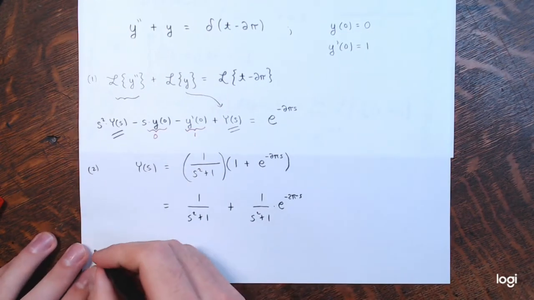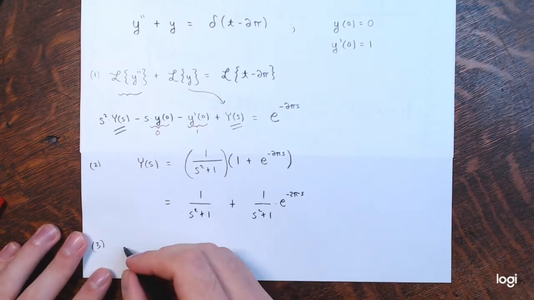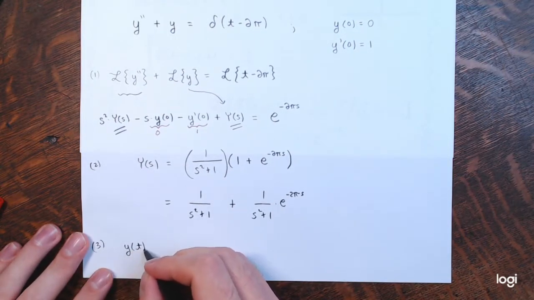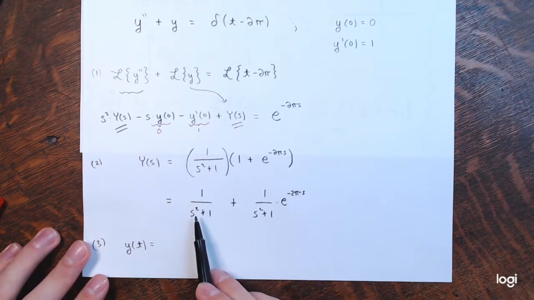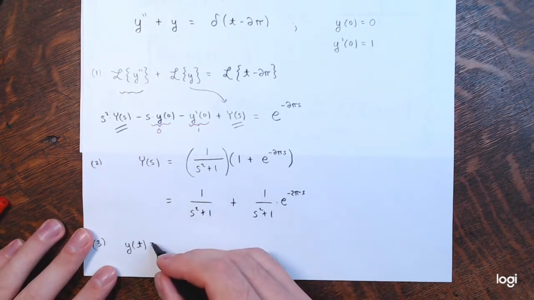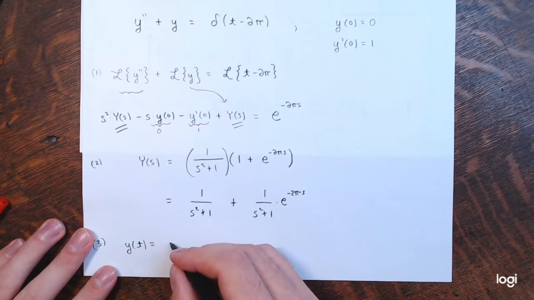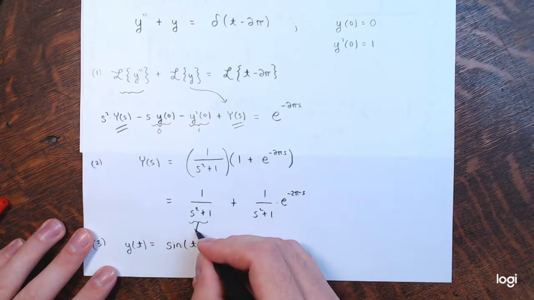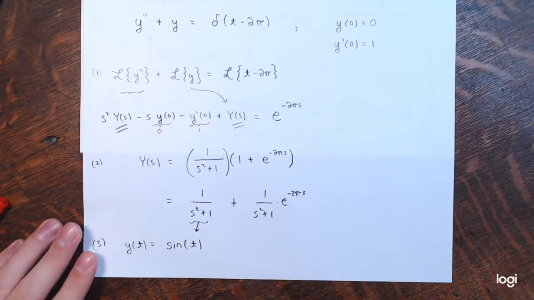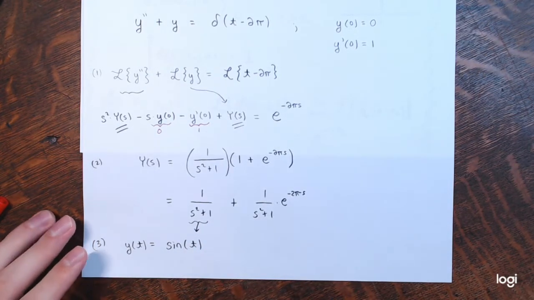All right, so then we take inverse Laplace transforms to find little y of t. Now the inverse Laplace transform of 1 over s squared plus 1 should be something you remember pretty easily. That'd be the sine of t.